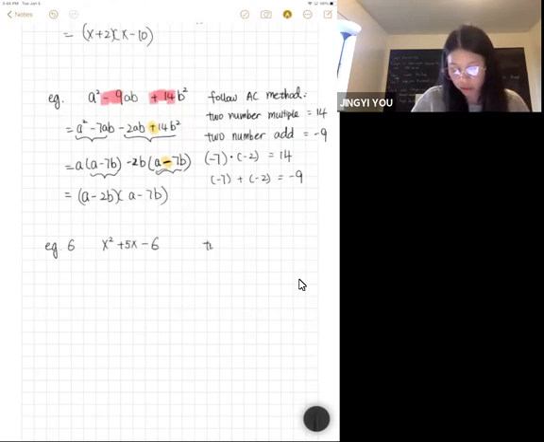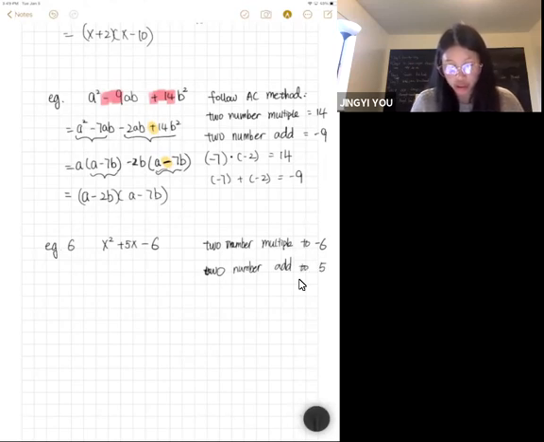We want two numbers that multiply to get -6, and then two numbers that add to get +5. So let's think about which two numbers multiply together to equal -6 and add together to equal 5.